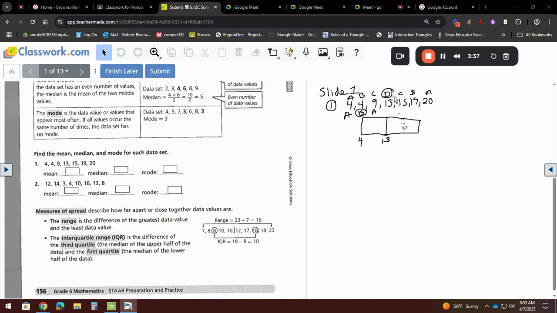The upper half would be the other side, the upper side. So we do the same thing. A, B. Questions with Q1, which is the lower quartile, Q2, the median, Q3, the upper quartile? Questions with that? Good.